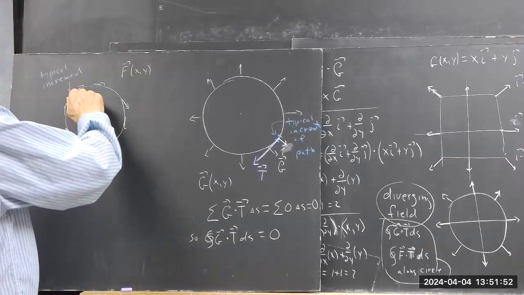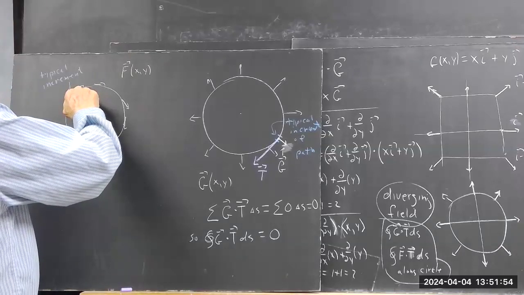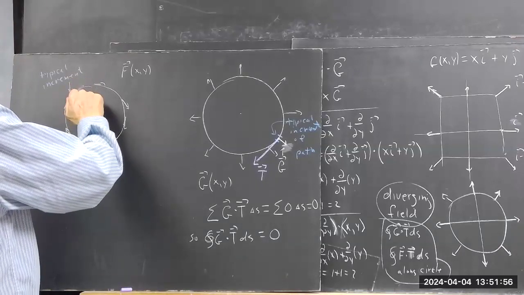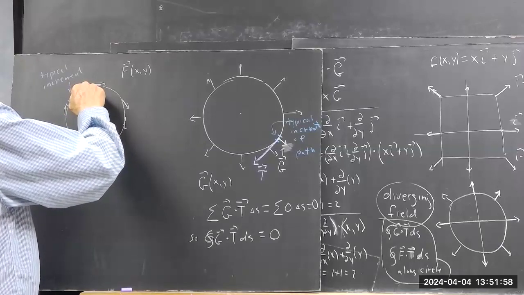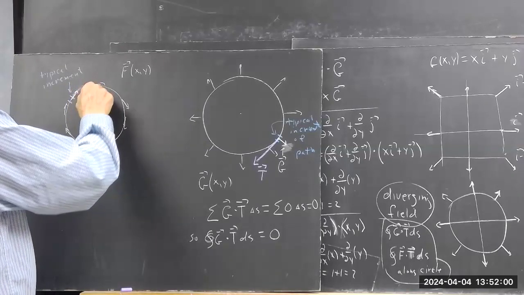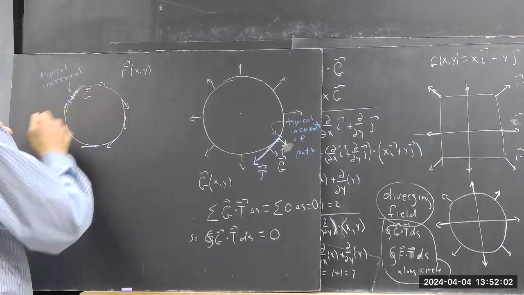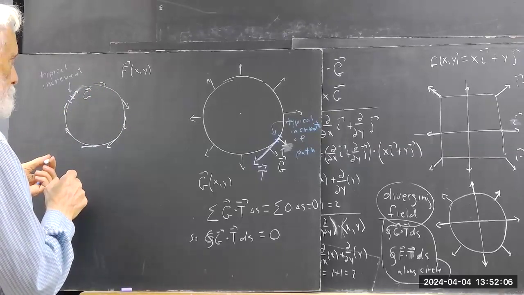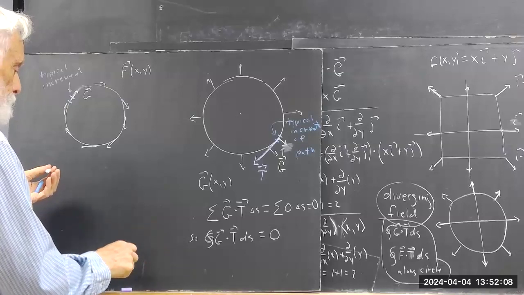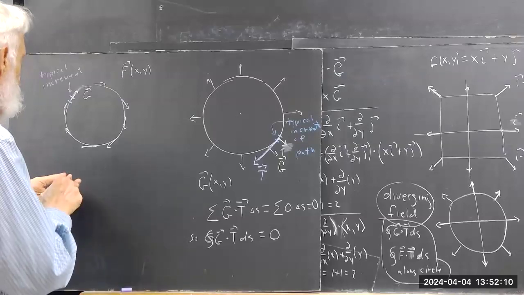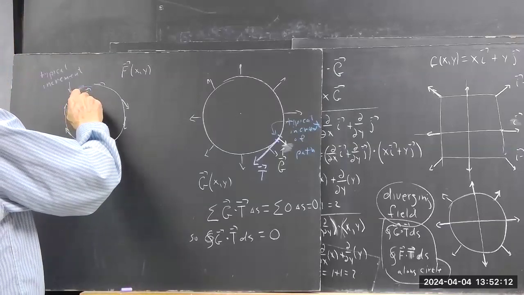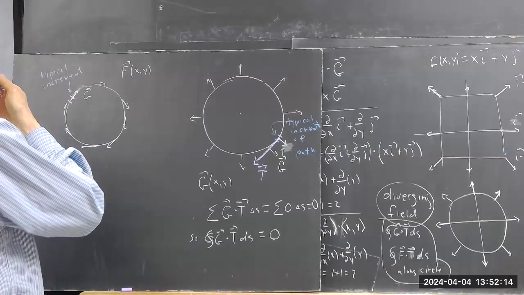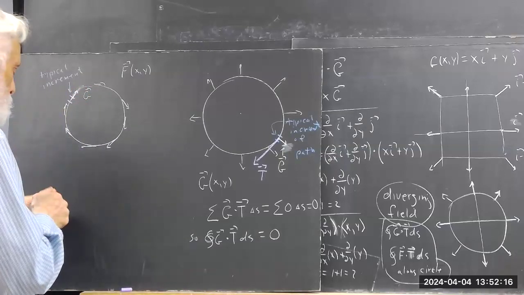On this typical increment, here's my G function. I'm going to erase that one so it doesn't overlap. But here's G. Where's my tangent line?